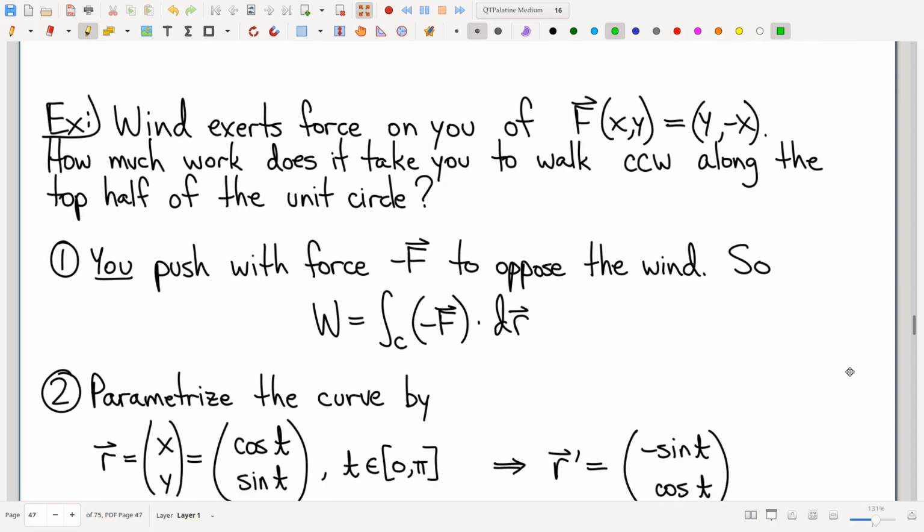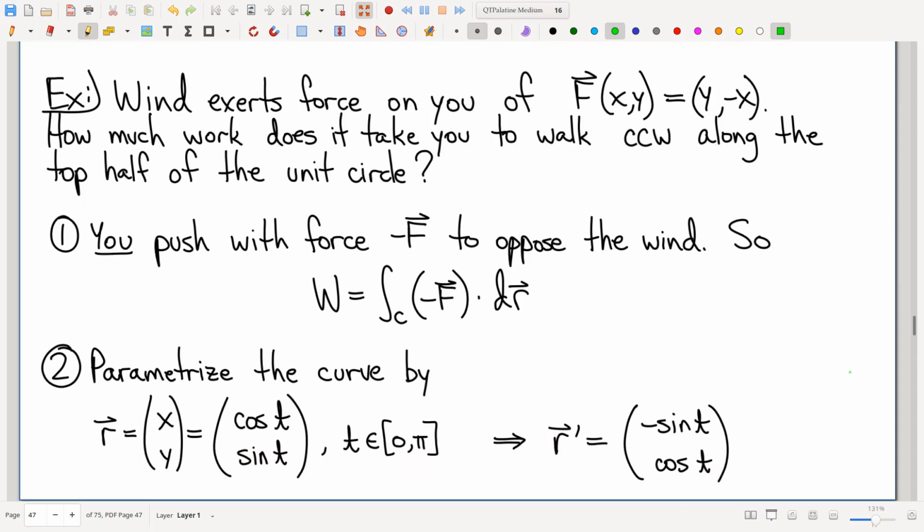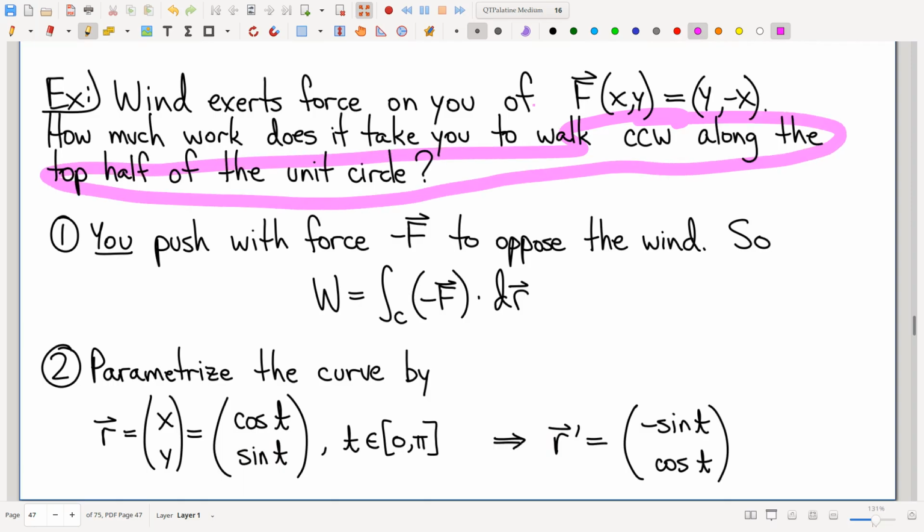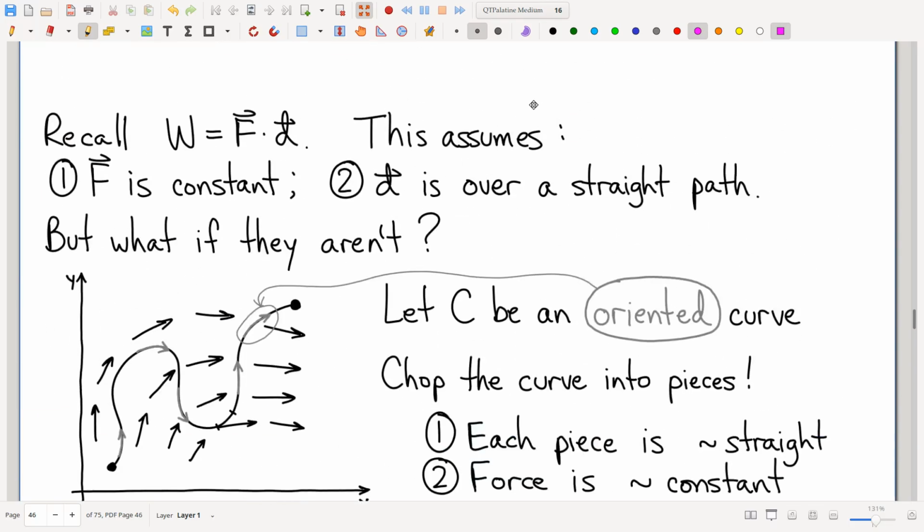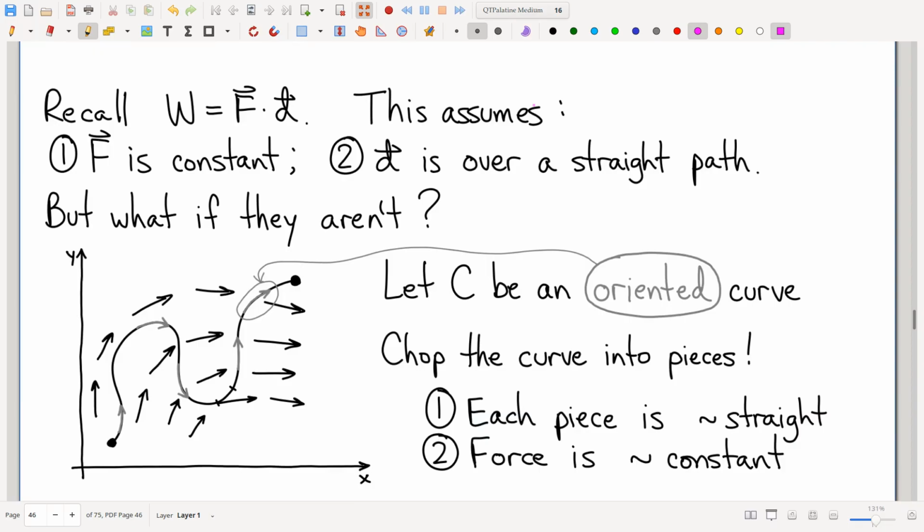Okay, let's do one. Got a curve here. Correction, we have an oriented curve here. Reminder, if you're computing a vector line integral, it's not enough to have a curve. A curve just sits there. We need an oriented curve.